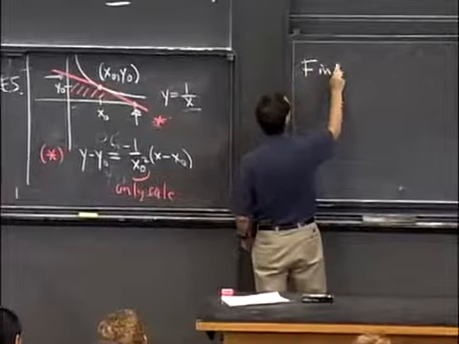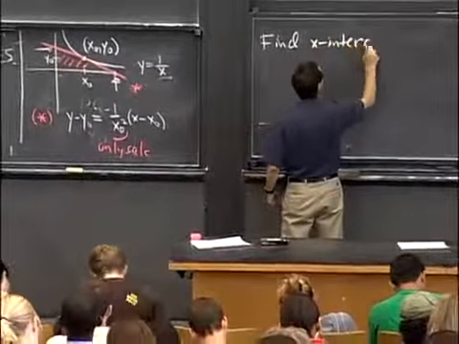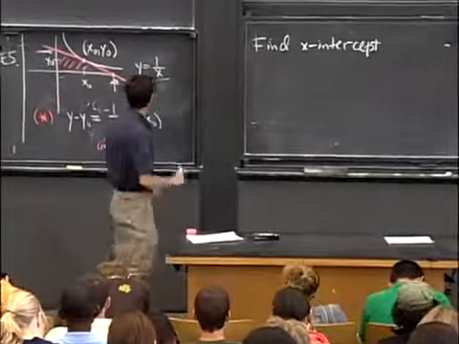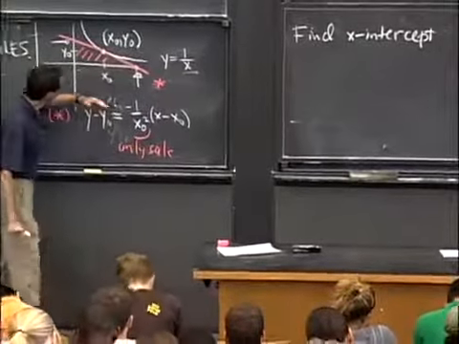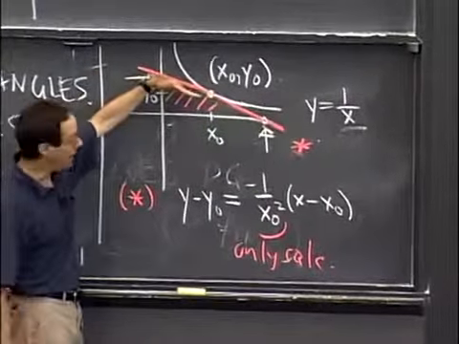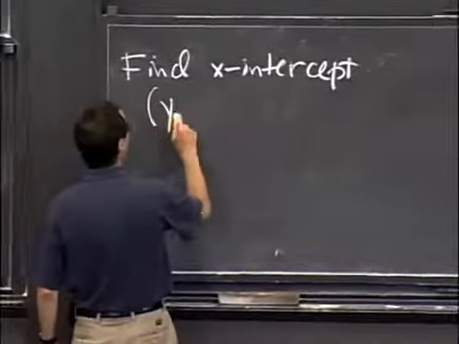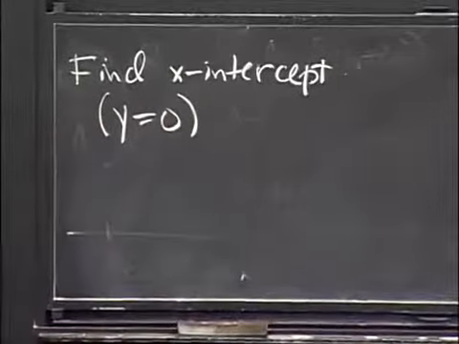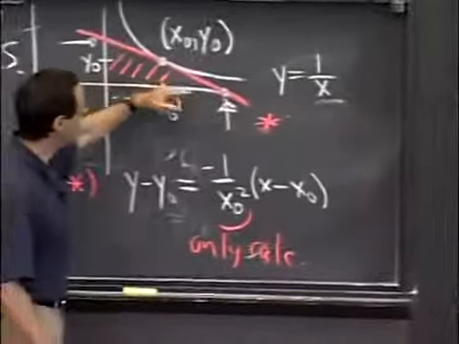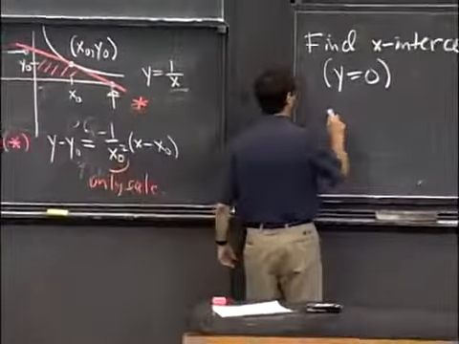We're going to find the so-called x-intercept. That's the first thing we're going to do. So to do that, what we need to do is to find where this horizontal line meets that diagonal line. And the equation for the x-intercept is y equals 0. All right? So we plug in y equals 0, that's this horizontal line, and we find this point. So let's do that into star.